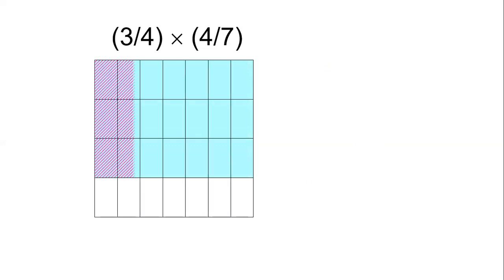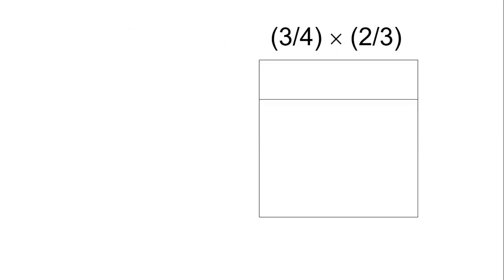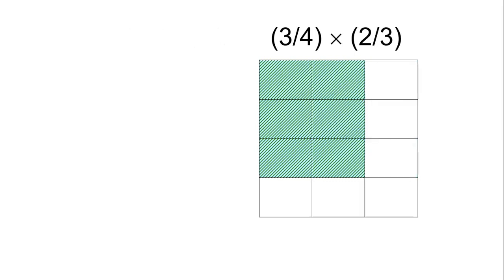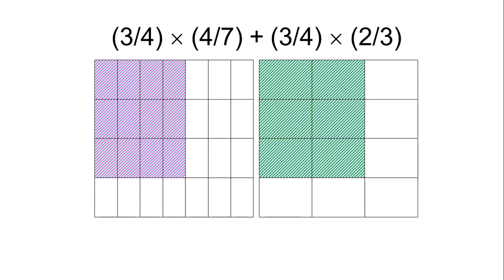So 3/4 times 4/7, and 3/4 times 2/3, and you add them.